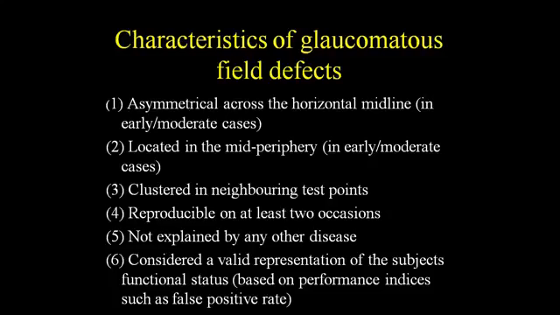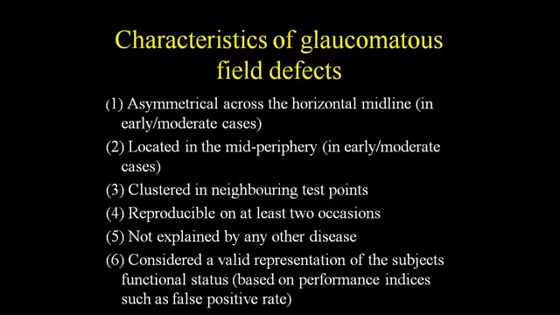The characteristics include that these glaucomatous field defects will be asymmetrical across the horizontal midline in early and moderate cases. They might be located in the mid-periphery. They usually start from the mid-periphery in the early and the moderate cases.